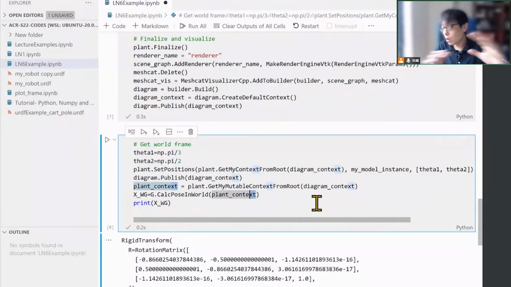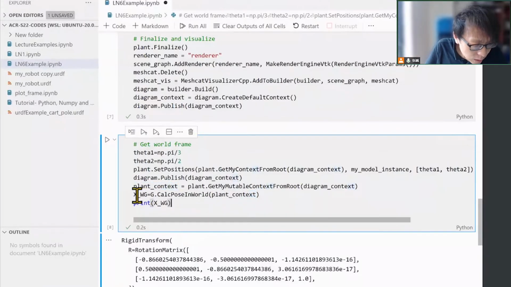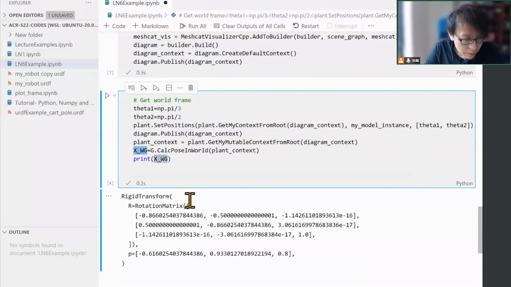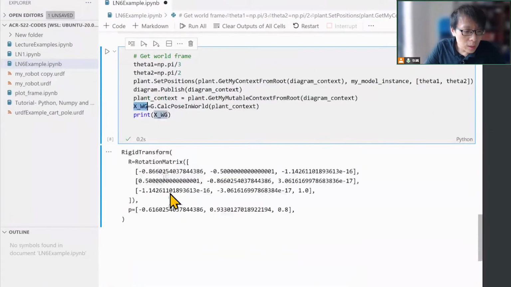Context means all the information you need to do the simulation. Then I can find this is T_BS, okay, at current theta 1, theta 2. That will be this rigid body transformation matrix. Okay, that's my result. Okay, now let's do some hard work.